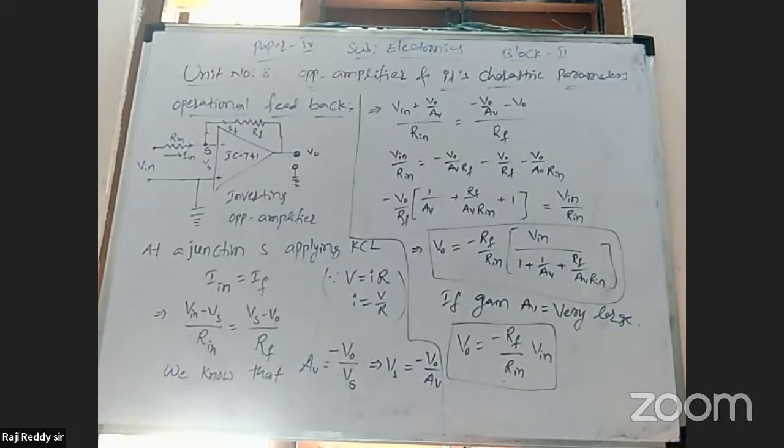Zs is equal to Vs by I in, where I in is equal to (Vs minus V naught) by Rf.